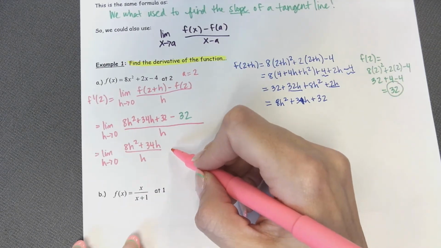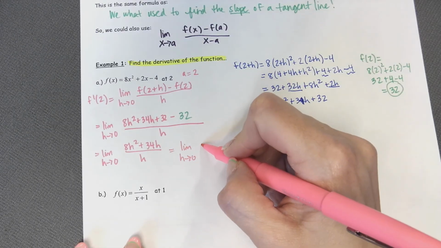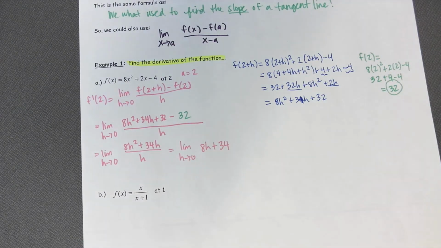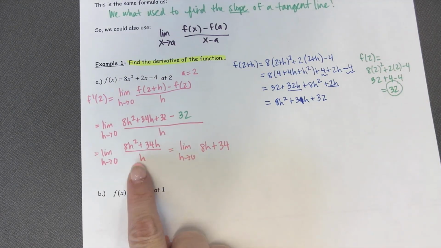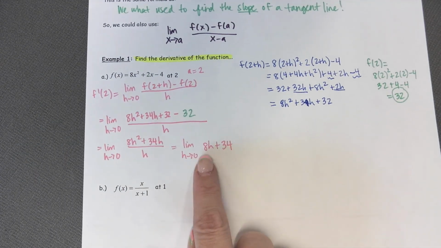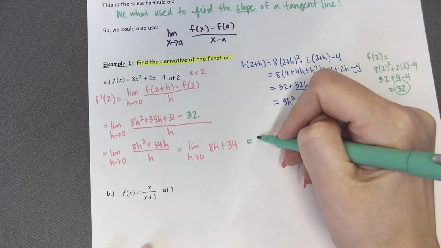When you divide by h, you get the limit as h goes to 0 of 8h plus 34. Remember that you can't plug in 0 here. If you plugged in the 0 here, you would get the indeterminate form 0 over 0. But you can plug in 0 here now. When you substitute that in, you just have to show what you're substituting.